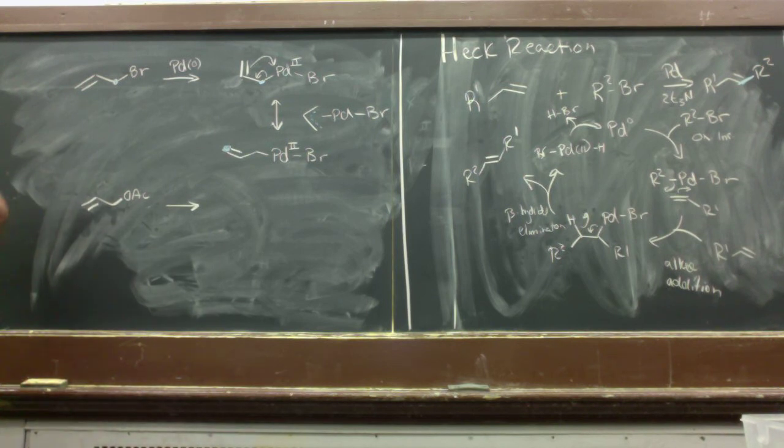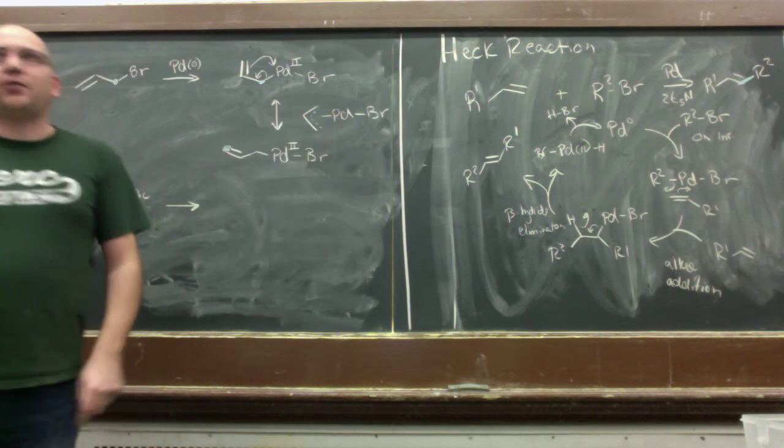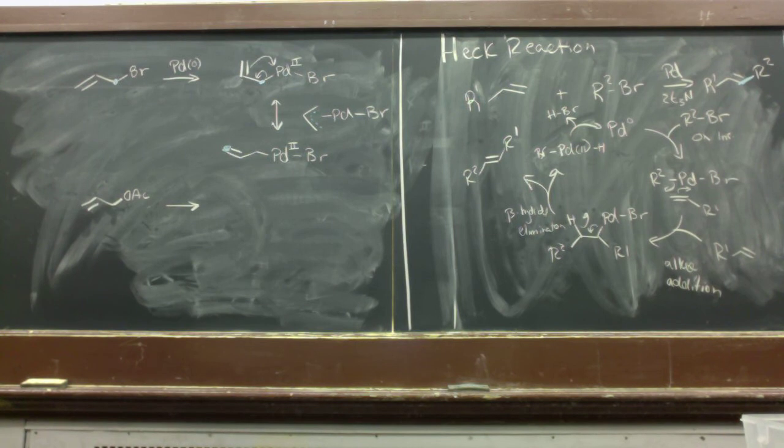But there's one other factor involved here that I think is important. We've talked about electrophiles as being carbon halogen bonds, and again, in this case we have this allyl species. But what you can begin to do is treat this through alternative processes, so you can actually do it with other nucleophiles.